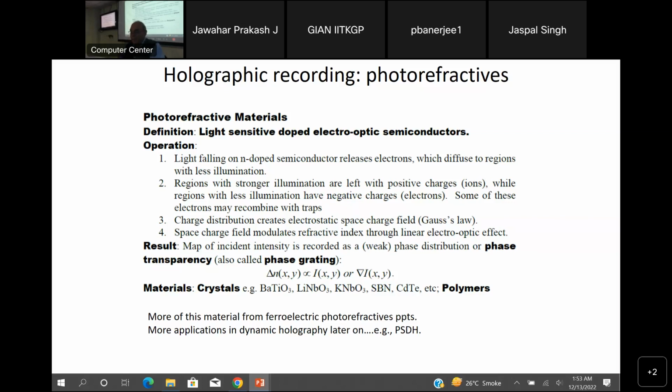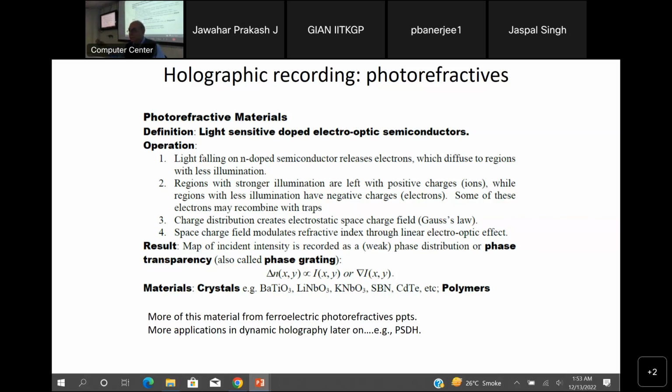Now as a result of that, you have disturbed the charge distribution inside the material, because you took electrons from one place, excited them, then they moved, they got absorbed, like Pac-Man ate them up. So what you have finally is a non-uniform charge distribution, and a non-uniform charge distribution gives rise to an electrostatic space charge field, because of Gauss's law in electrostatics, which says the derivative of electric field is proportional to the charge.